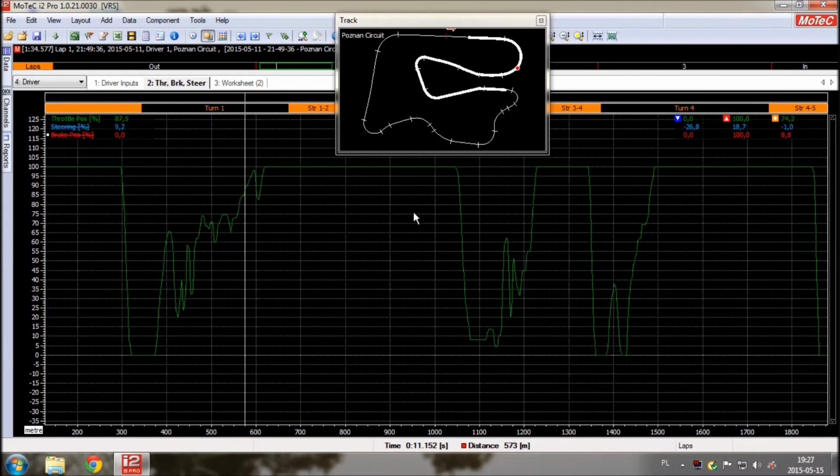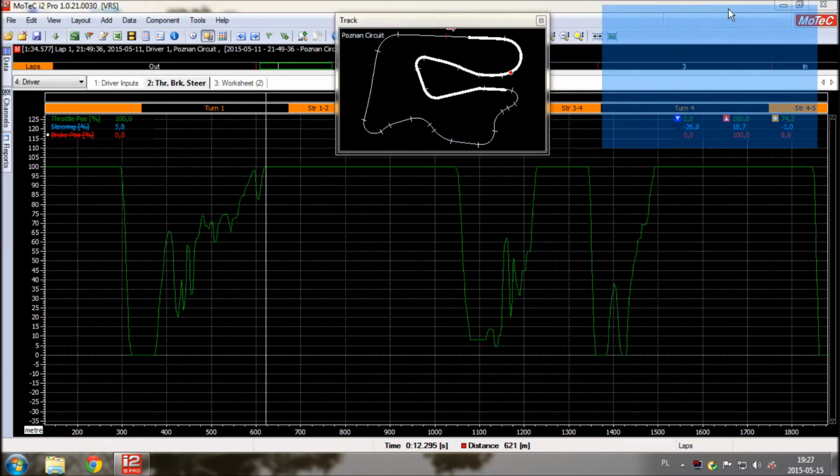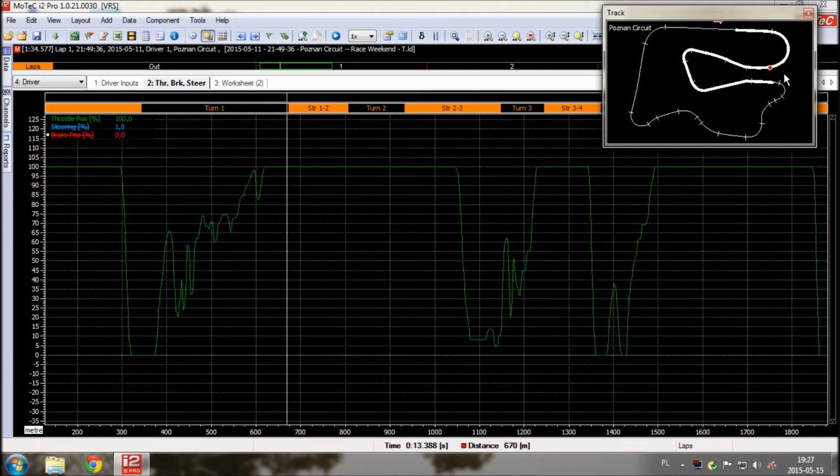Okay, so we exit turn number 1, and this is a flat out corner, so you can see that we use full throttle here, and we approach turn number 2, the first left-hander on the track. And what can we see?